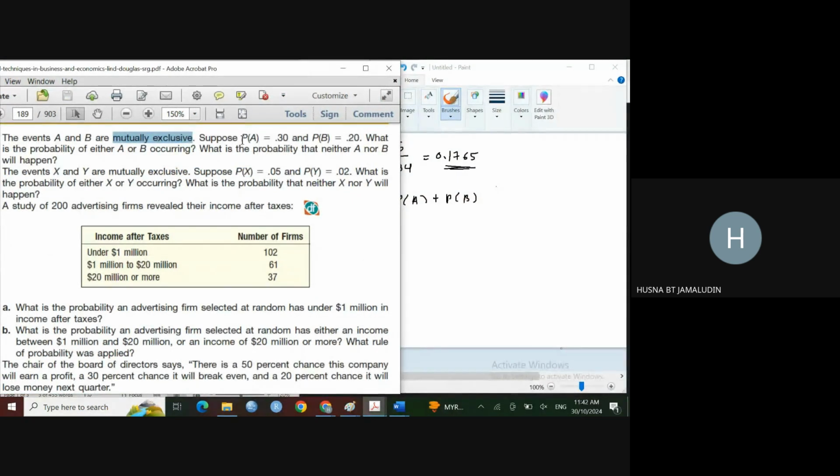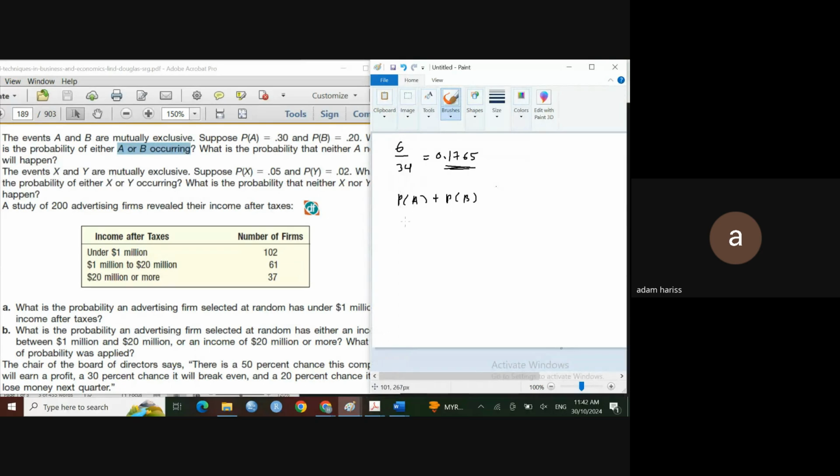This is probability of A, this is probability of B. What should we do? Just add these two, right? What is the probability of either A or B occurring? So what is the formula when we talk about mutually exclusive?